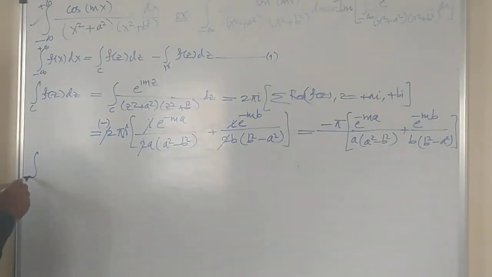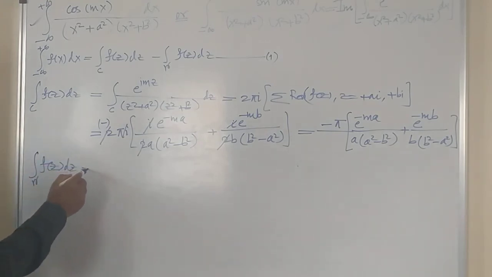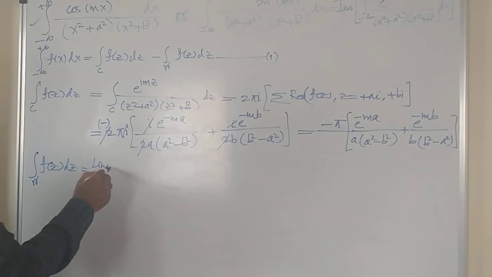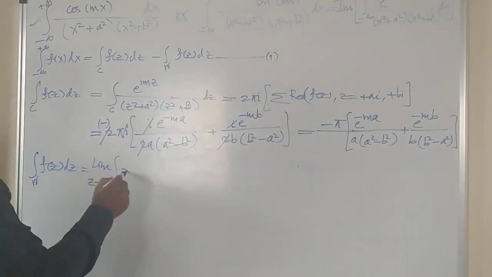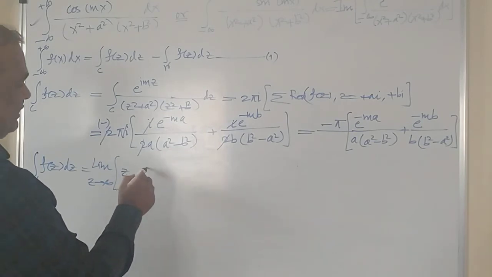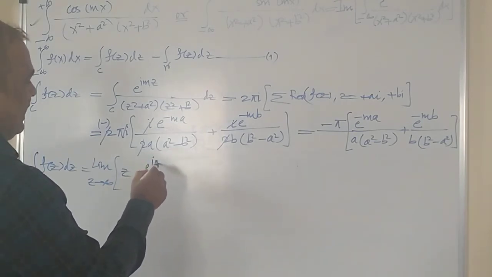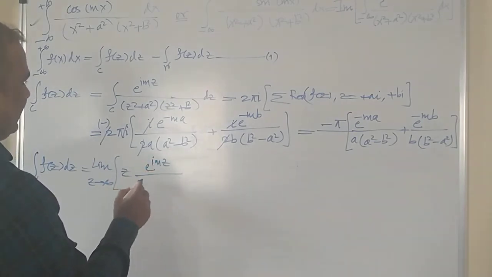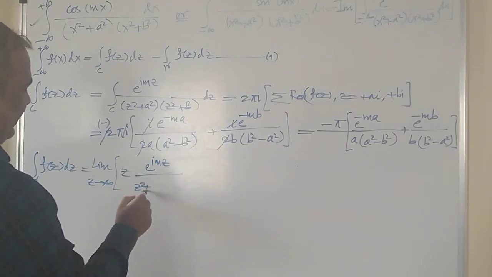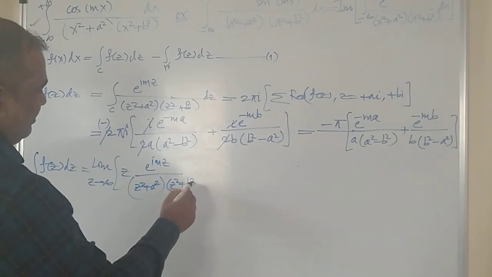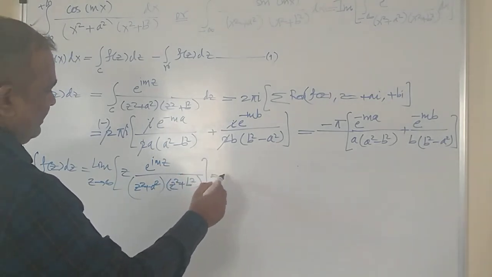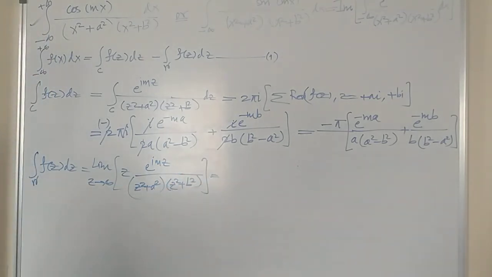So therefore the integral over the gamma function f(z) dz is equal to the limit z tends to infinity of z into f(z). So z into f(z) is e raised to imz divided by z square plus a square into z square plus b square, right? Now you can take out z square common.